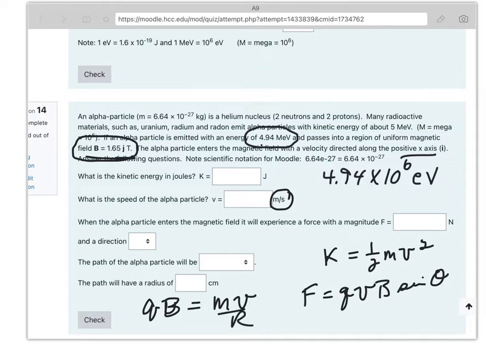And in this case, we want r, right? We're asked for the radius. So if we solve this for r, go ahead, do it. R equals what? Just algebra, mv over qB. Just make sure you use the right units for all that.